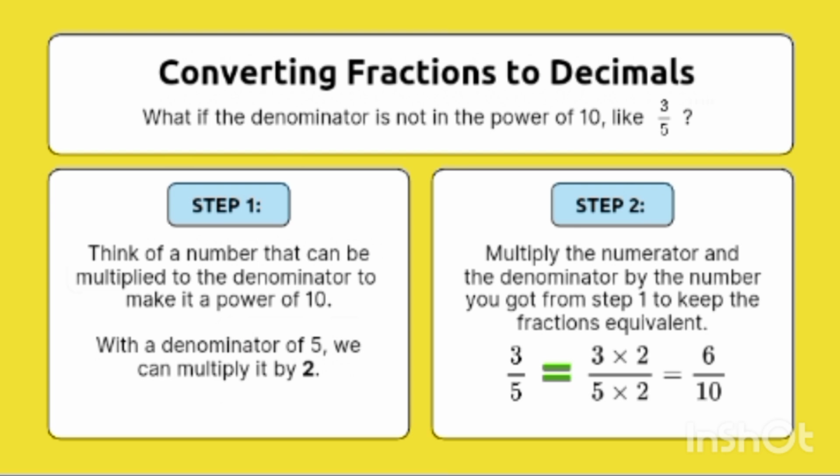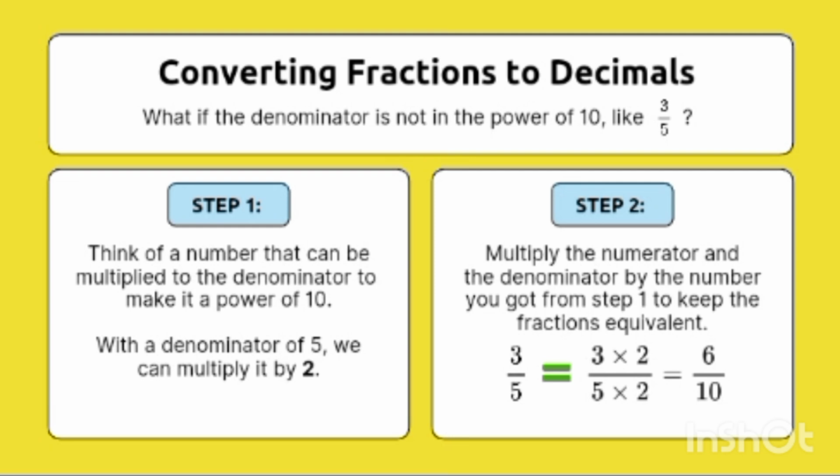But what if the denominator is not a power of 10? Like if the fraction is 3 by 5, how can you convert that to decimals? Think of a number that can be multiplied by the denominator to make a power of 10.